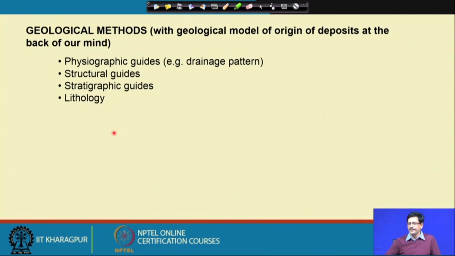Let us first, okay. So, with this much of a background information about mineral exploration and what it is today, the first and foremost methodology of conventionally or a traditional thought of mineral exploration is the geological methods.